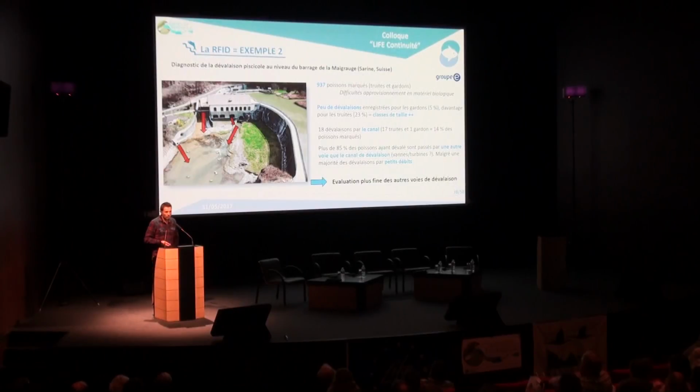We had a few descending passages, and we had low flows during 1 year. Maybe it had an impact on the results. It is important to understand that we had 14% of the fish which were not detected in the descending canal.